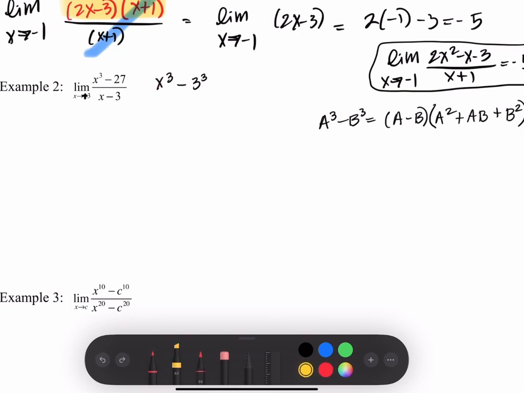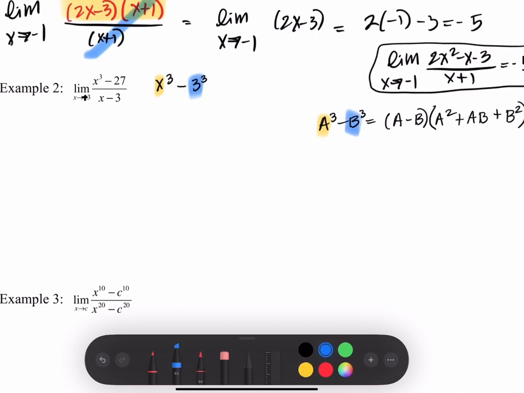And so I'm going to say that that's going to be my a. And then 3 is being cubed, so that's going to be my b value. So anywhere in this formula, wherever I see a, I'm going to be plugging in x. Okay. And in this formula, wherever I see b, I'm going to be plugging in 3. So b becomes 3, 3, 3.